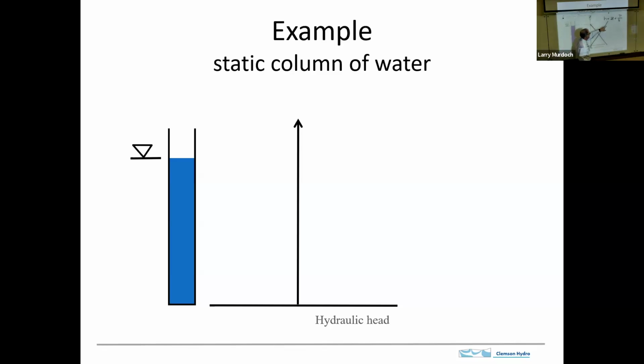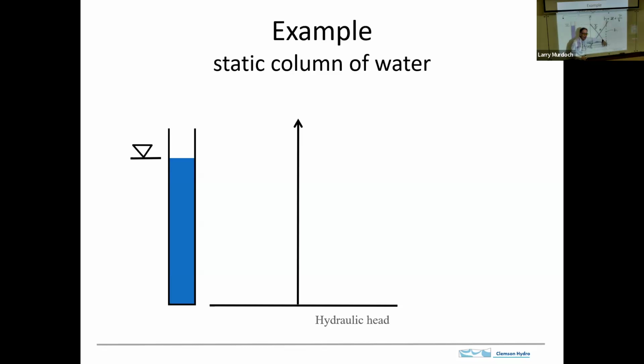Then the total head is just adding these together. So that's H, that's Z, and that's P over gamma. These components of the total head have a nice visual representation, and we see they add together and give us the total head in this column as equal to this value.